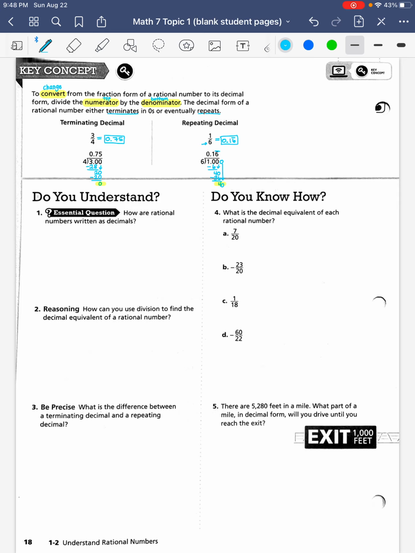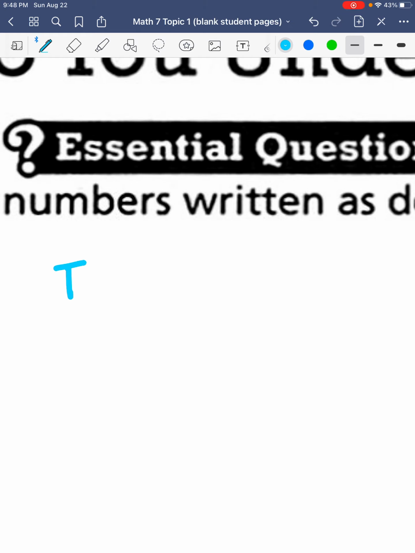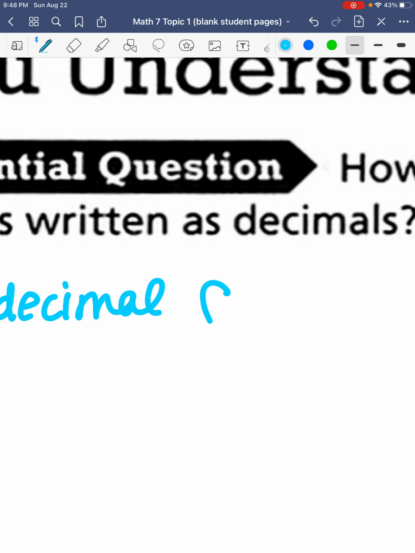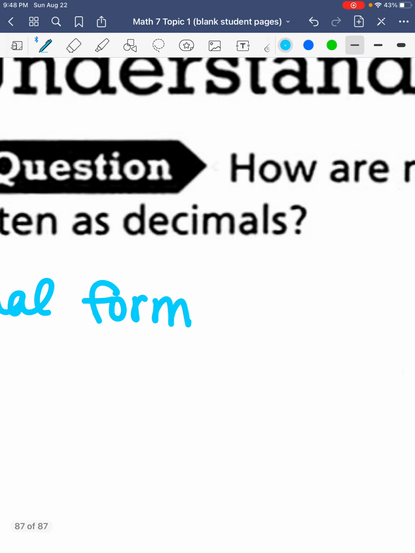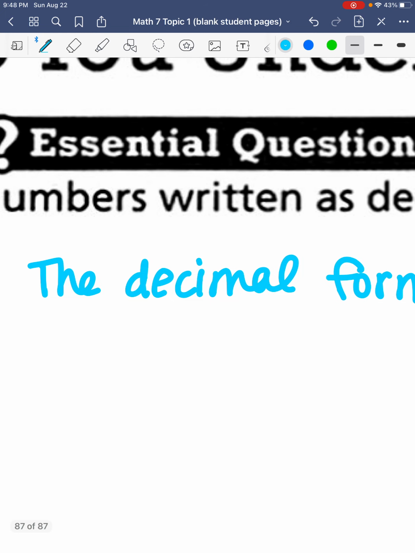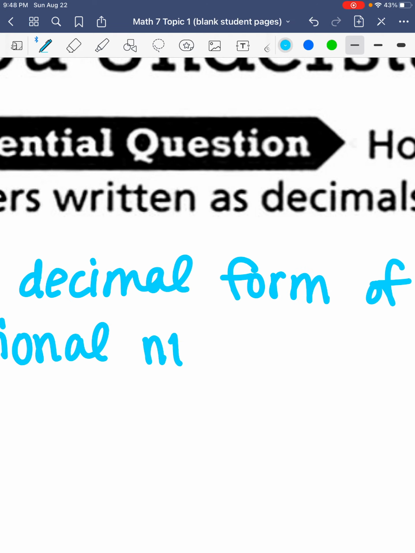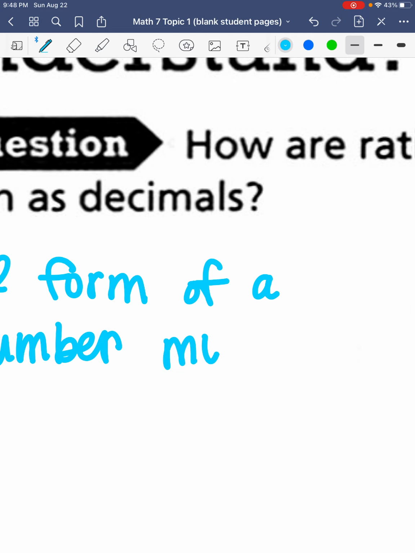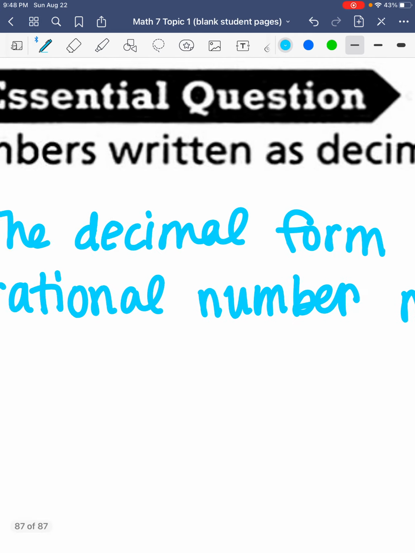So the essential question, how are rational numbers written in decimal form? So the decimal form of a rational number must do one of two things.